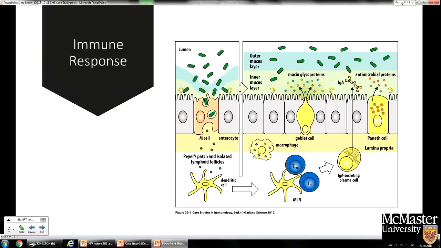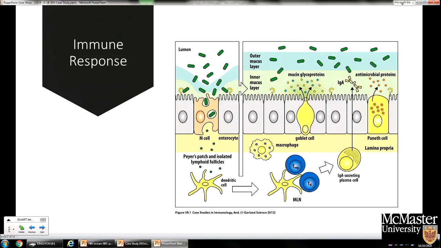If we look broadly at the immune response in the gut, you have an interplay between both innate and adaptive immune mechanisms. You'll recognize some cells secreting antimicrobial proteins, which you know to be a part of the innate immune system. As well, you can see some IgA production from plasma cells.